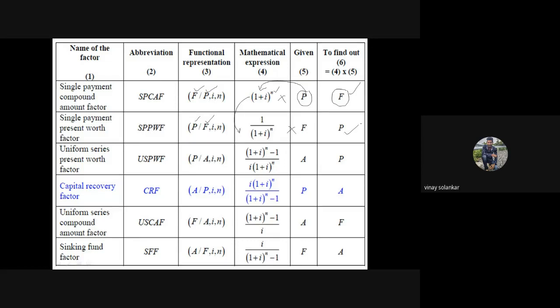Abbreviation is USCAF, and the functional representation is F given A. The mathematical expression is (1 plus i) to the power of n minus 1, divided by i, and given is A, and to find out is F. Future. Yeah. So any example for it, Vinay, do you know?